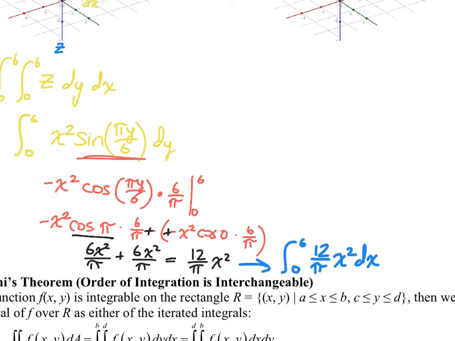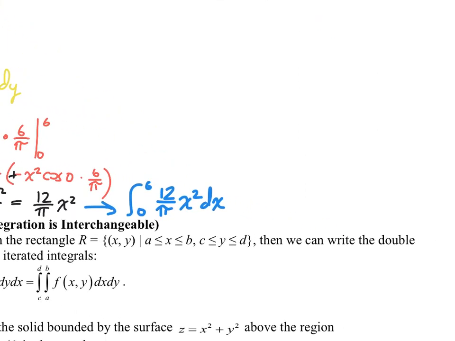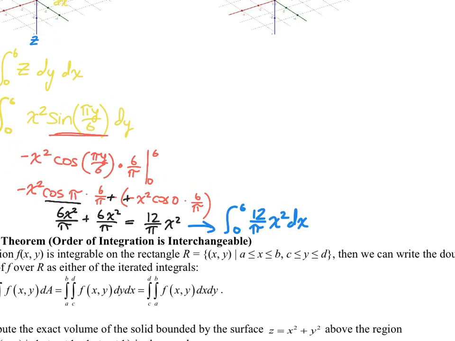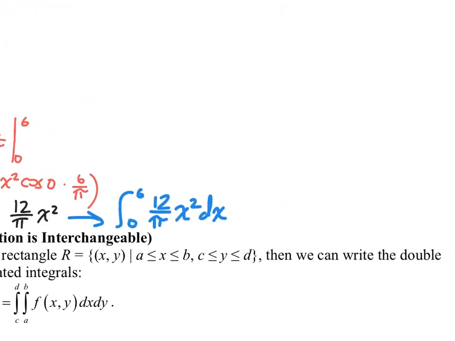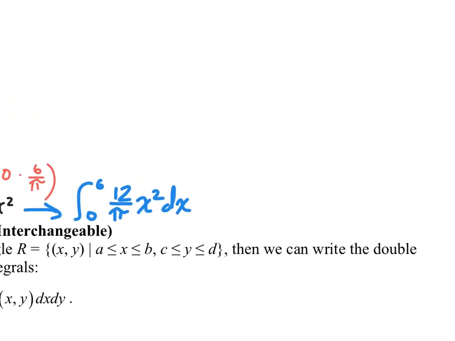And so you could chuck that in the calculator, but you also don't really need to because, again, it's pretty clean. The part that was making it difficult was the presence of the trig function, but now that's gone. We've swapped it out for a constant multiple.